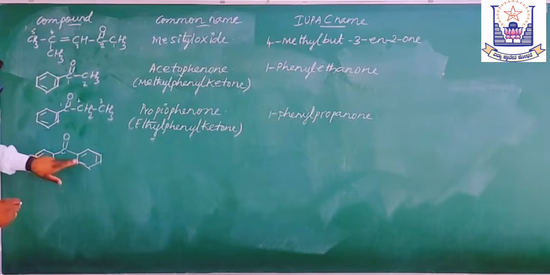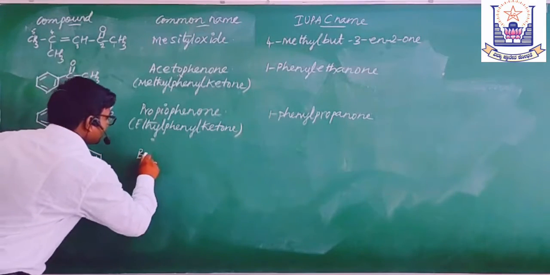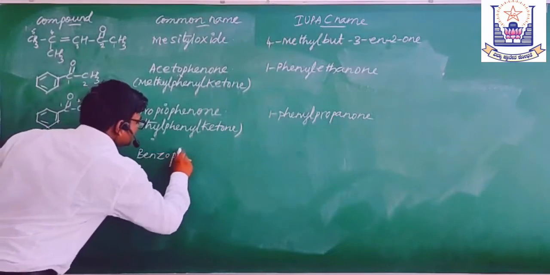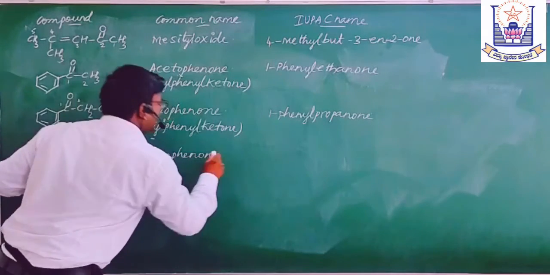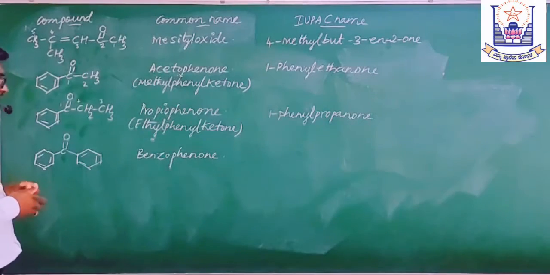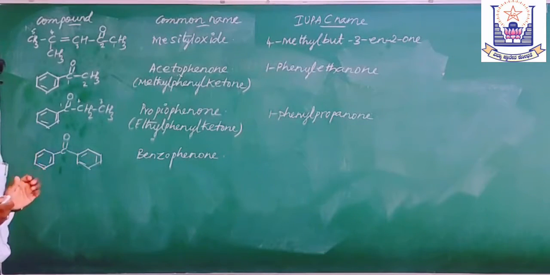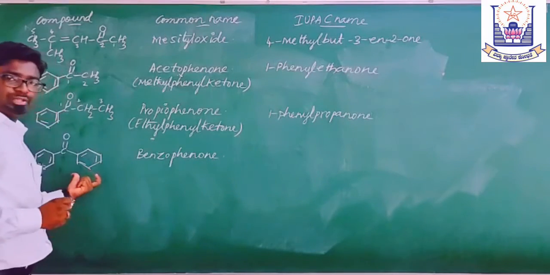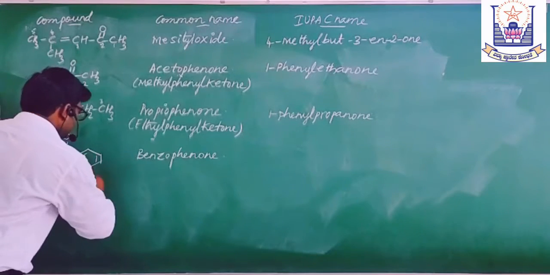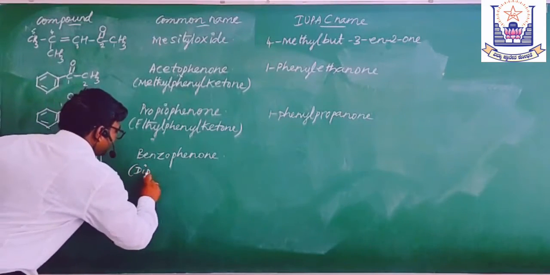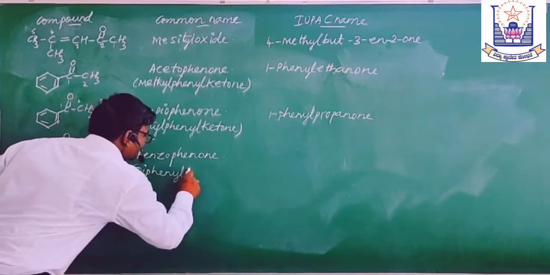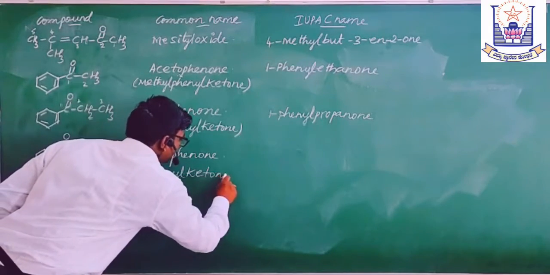The common name is benzophenone. Or in another way, we can call this diphenyl ketone, because two phenyl groups are there. This is also called diphenyl ketone.